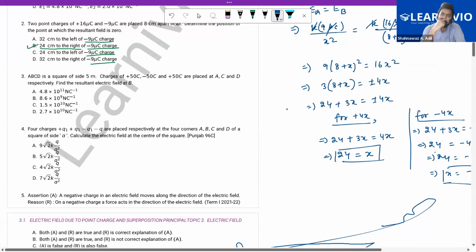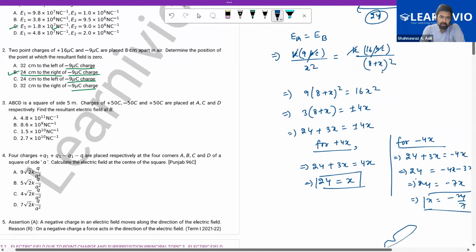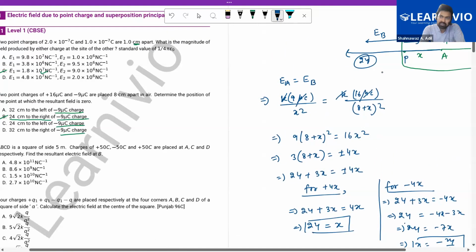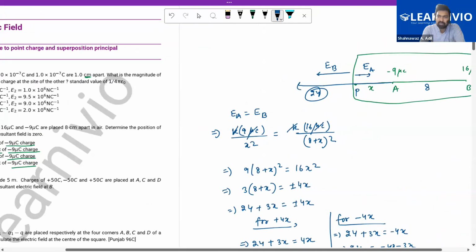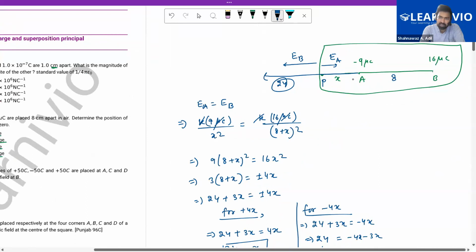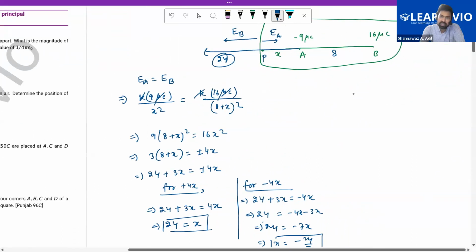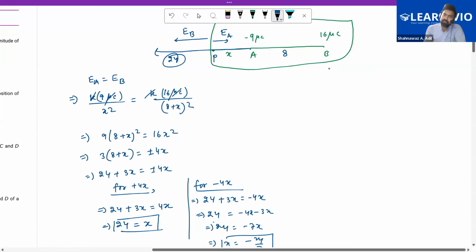So what can we do in this scenario, if we have a right and left problem? This is dependent upon the position of the 9 and 16 that you take. Let's say you take this as 16 and this as minus 9, and you start the distance from here.